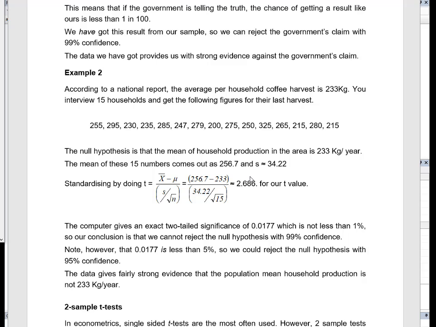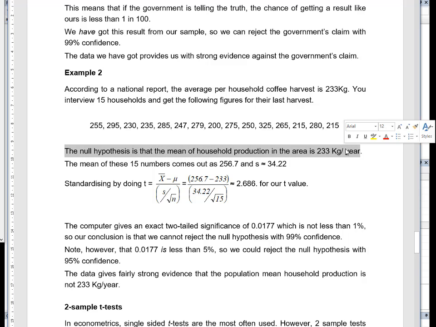And when you go through the mechanics, you take the null hypothesis again, that the mean production really is this in the whole population. So you start by accepting this. Based on that, you can then calculate the t-value. So if this is true, then you found a t-value of this, and the chance of getting a t-value of this is 0.0177.